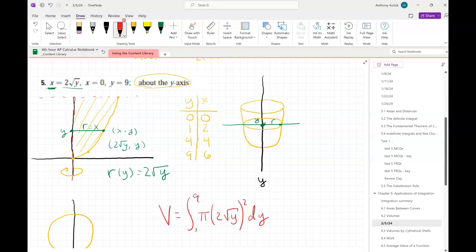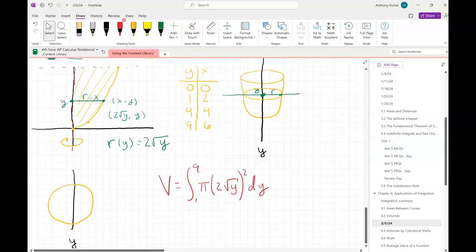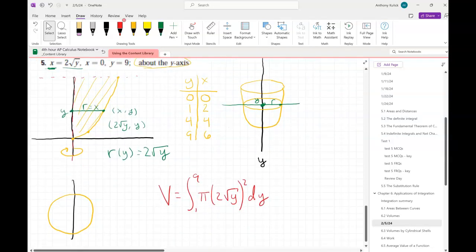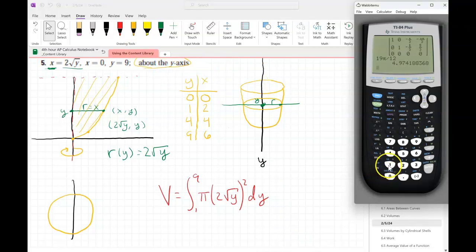That look okay? Check it on your calculator, see if we get the right answer. This one should come out to 162 pi.